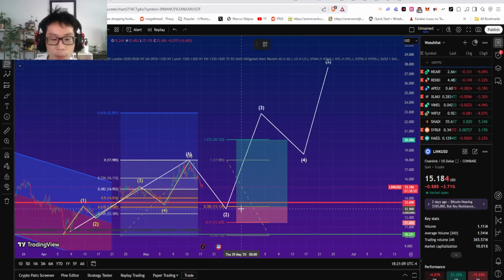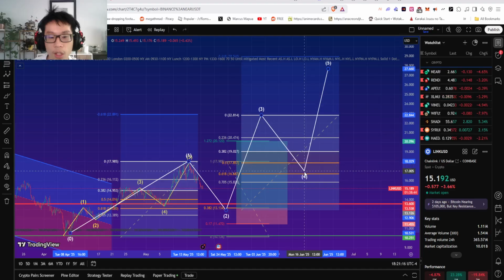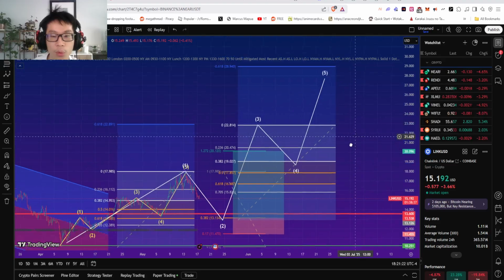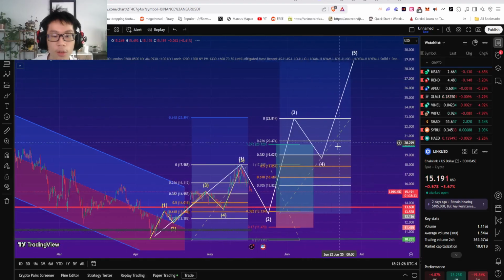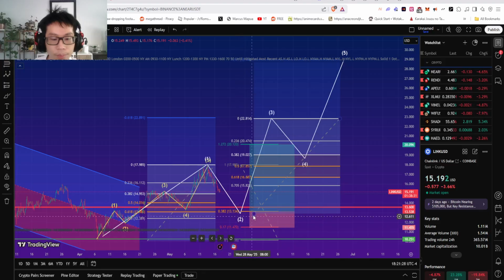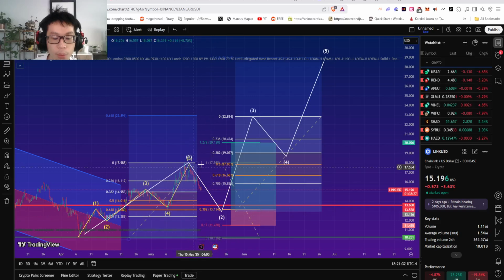So if we take a fib, let's see. Yeah, if we retrace 618, so this is the 382, 618. We could technically also maybe go down here. I'm not sure. Maybe 382 would be pretty bullish, and we target higher. So this wave, let's say 1, 2, 3.